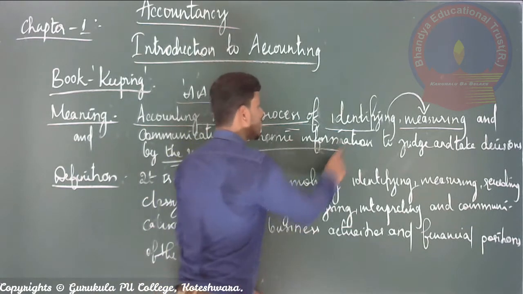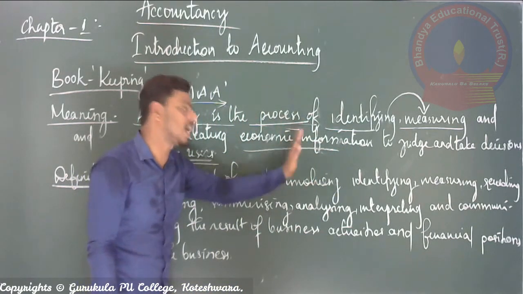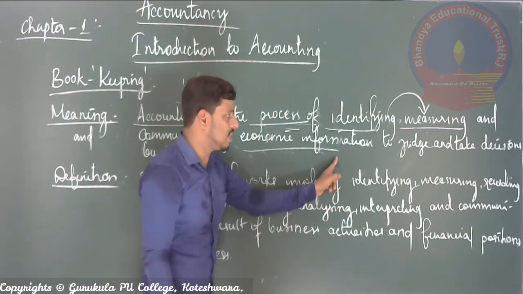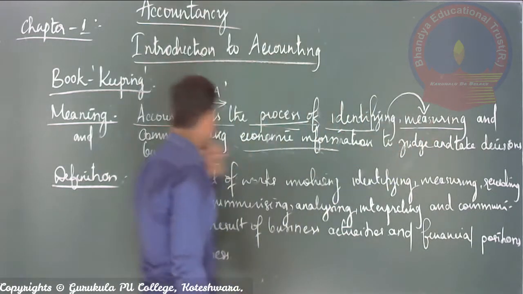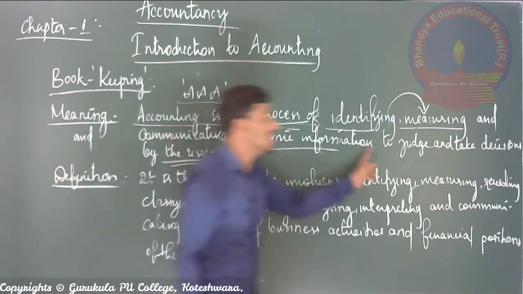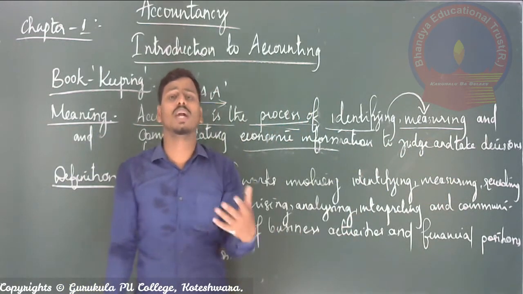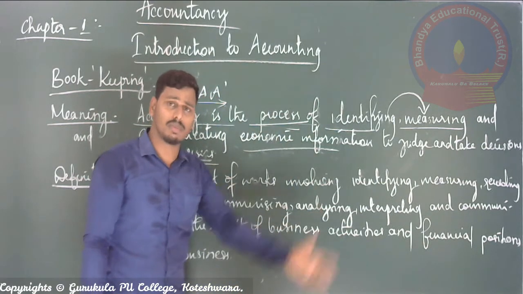Economic information is nothing but what we have recorded. The transaction is nothing but economic information, right? Economic information of the business will be identified, measured, and communicated. At last, it is communicated to judge and take decisions. There are many parties. They need to judge something. They need to take decisions on the activities of the business, right?